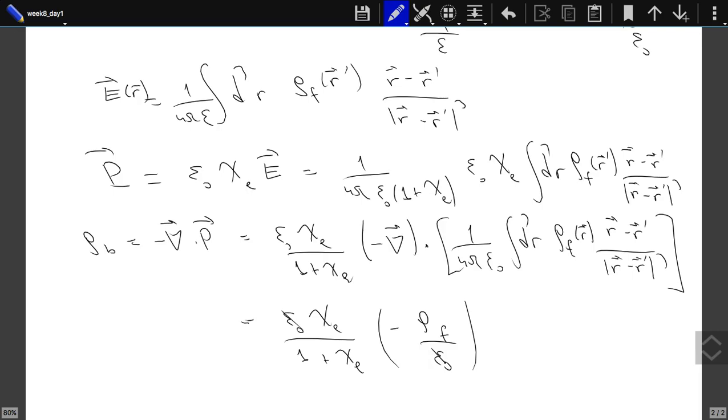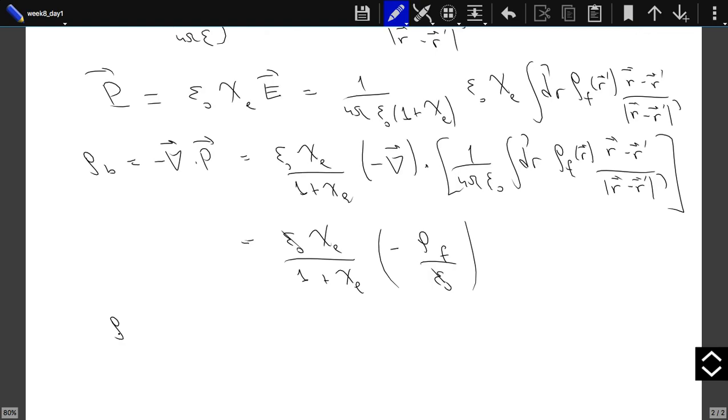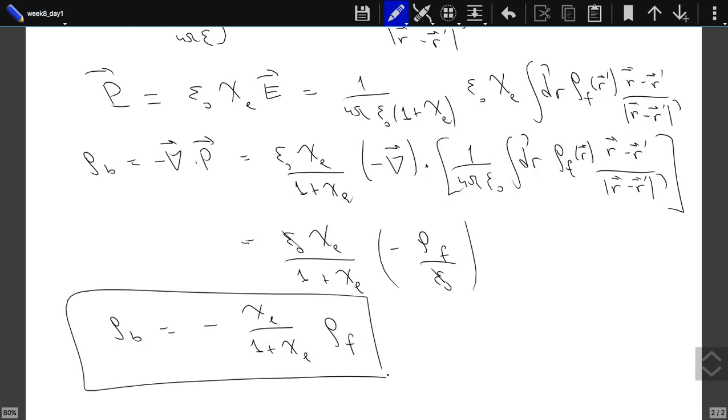So these epsilon 0s cancel. So basically the bound charge density is minus this ratio, chi e over 1 plus chi e, times rho free. So basically the charge is reduced by the medium.